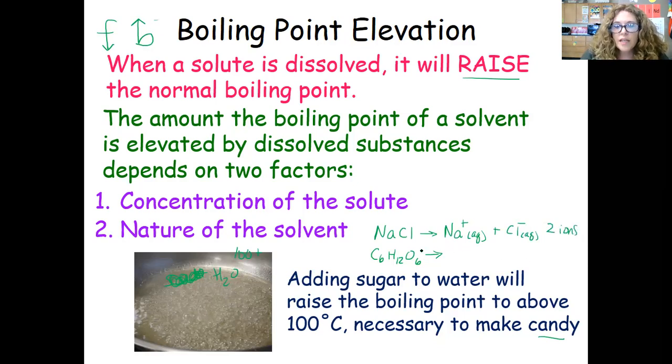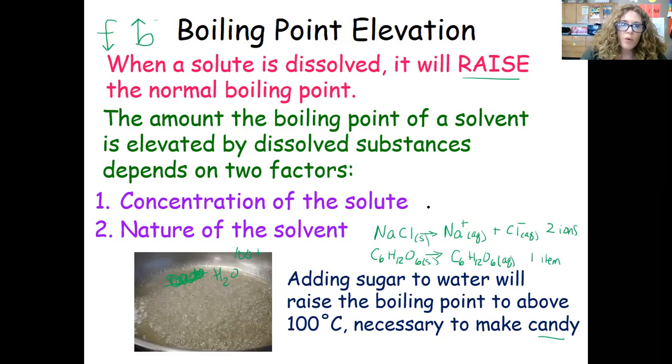And now sugar, solid and solid. When I'm dissolving sugar, sugar does not dissociate because it is covalent, a molecular substance. So when it dissolves, it stays together as a molecule, but now dissolved in water. So now I only have one item, one molecule dissolved.